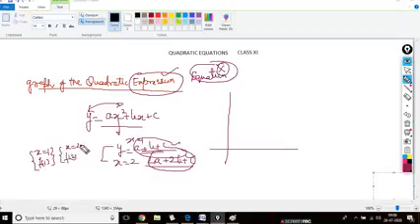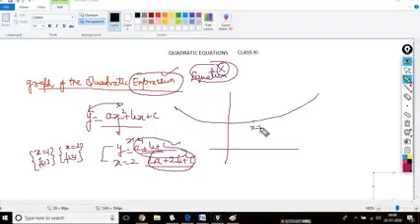Clear? So if I plot all these values at x equal to 1 and 2, I may get some curve. Let's say I'm getting this curve. At x equal to 1, the value comes as f(1), so this is the point 1 comma f(1). Similarly, at 2, I get 2 comma f(2); at 3, I get 3 comma f(3), and so on.